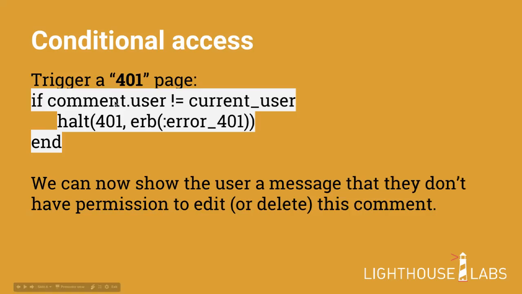It's asking, is the current user the same as the user that created this comment? If not, then 401, forbidden. You can't do this. This isn't yours. Don't touch it. So in this case, we show the user a message that they don't have permission to change or delete this comment that they didn't first create.